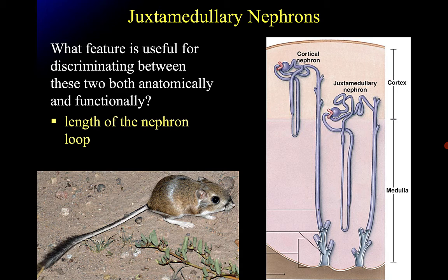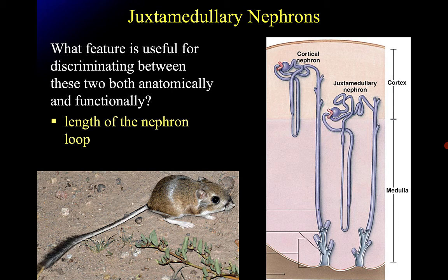Big difference between us and our little friend here, this one happens to be Merriam's kangaroo rat, is that kangaroo rats are desert adapted, and it ends up that humans are really not so much. We are adapted to a terrestrial environment, and we do tend to have more juxtamedullary nephrons with their long nephron loops than do mammals that live primarily in aquatic environments, like, say, a muskrat or a beaver.